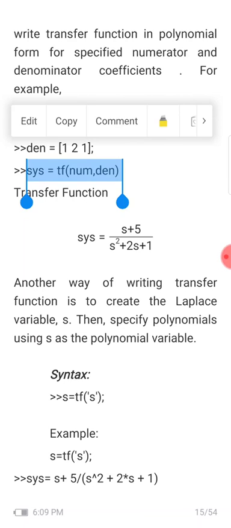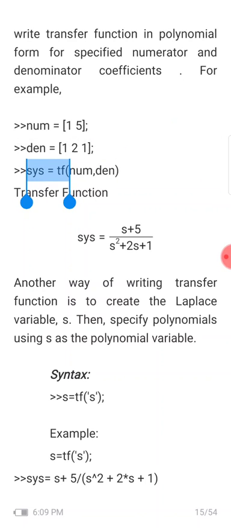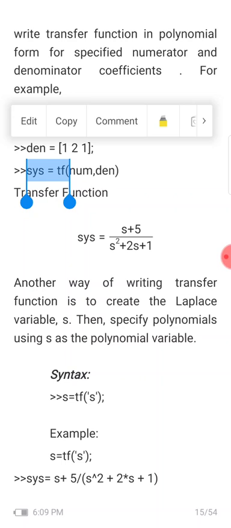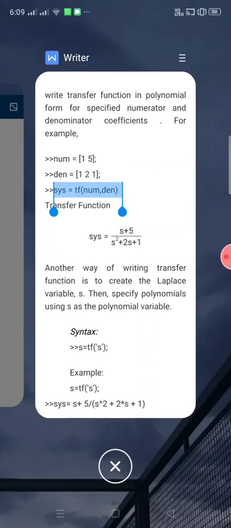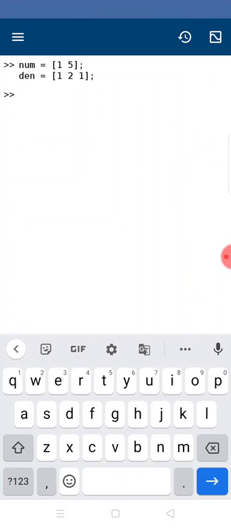This TF is the command to write the transfer function in Matlab. So I am copying here this command and evaluating here.